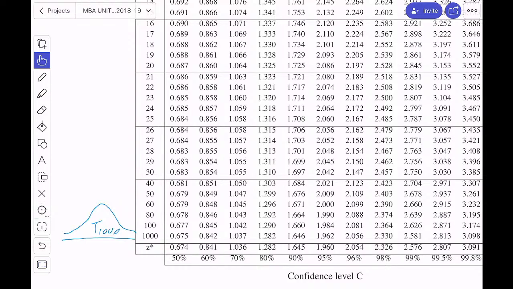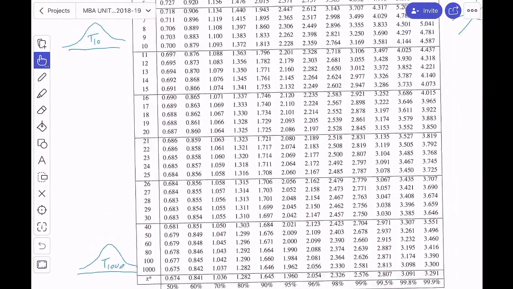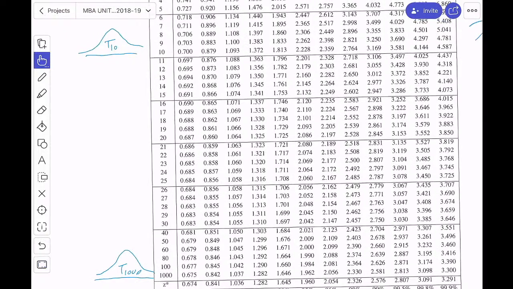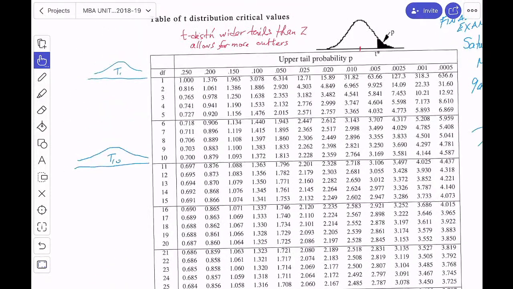My drawings are supposed to be different, but okay, let me try this one again. Just a little more flat. And this one's even more flat. You see what I'm trying to get at?